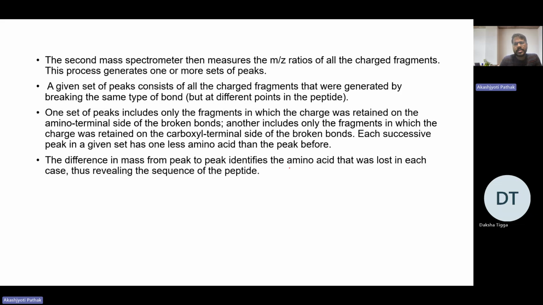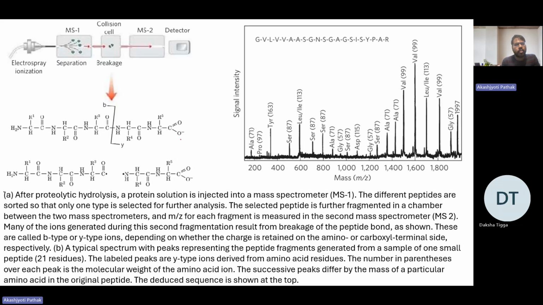So let's look at this figure first. You have two mass spectrometers here. First you fragment your protein molecule and get different peptide fragments. Now these peptide fragments will be made to pass through this glass capillary, and that will result in formation of charged ions. Then these charged ions will pass through the first mass spectrometer, where there will be separation, and after separation you will select a particular peptide.